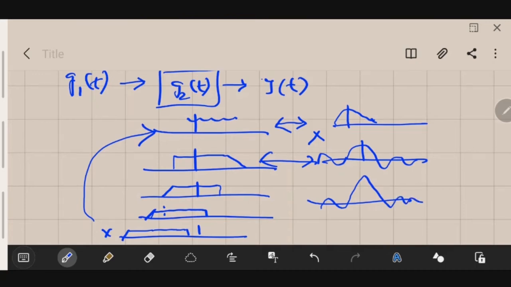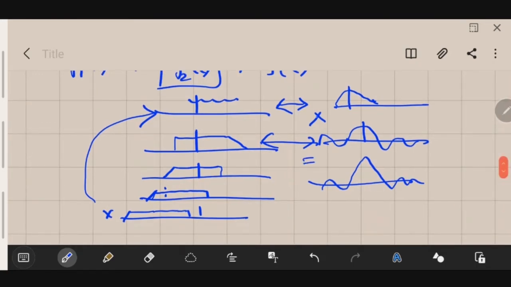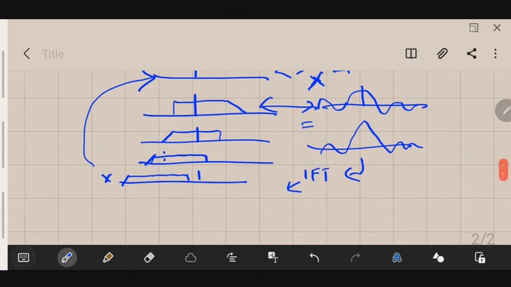Then you find the inverse Fourier transform. The signal that you get is the output of this system. It is as simple as that.